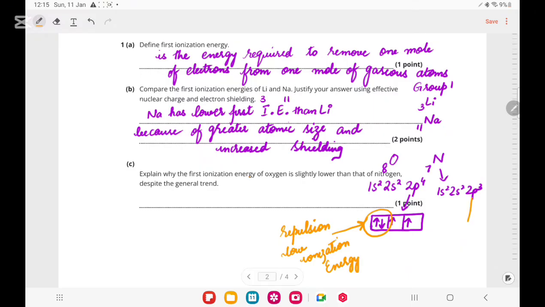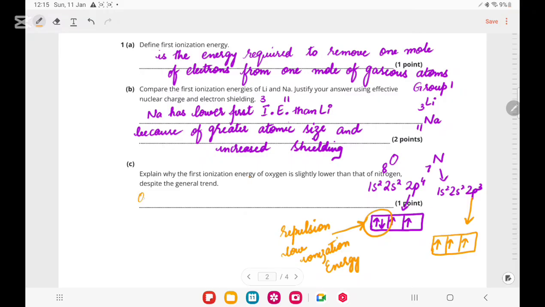In nitrogen the 2p electrons are unpaired, so we need to provide more energy because there is no repulsion.